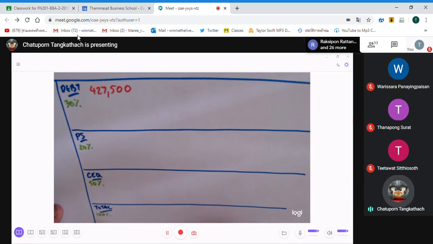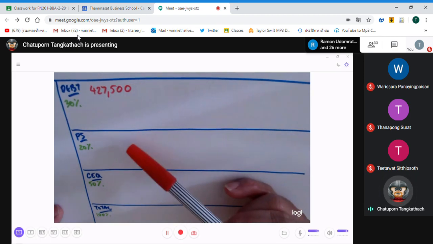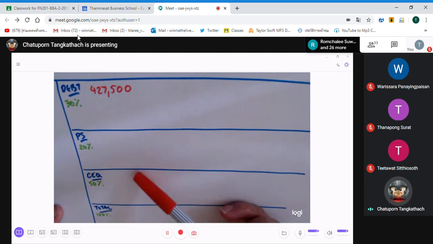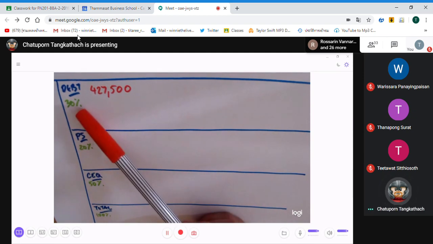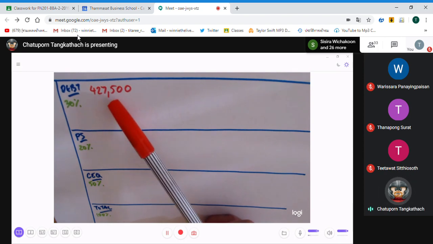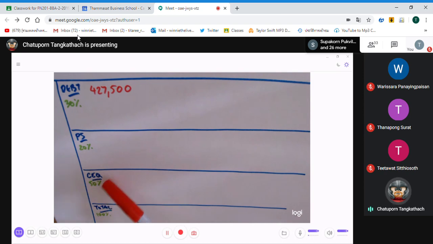So in case I start from the amount of debt 427,500, you must know that it must be accompanied by the amount of preferred share and the amount of common equity as well. So now we just require an interpolation process: in case 30% equals 427,500, how much is 20% equal to? And how much is 50% equal to?